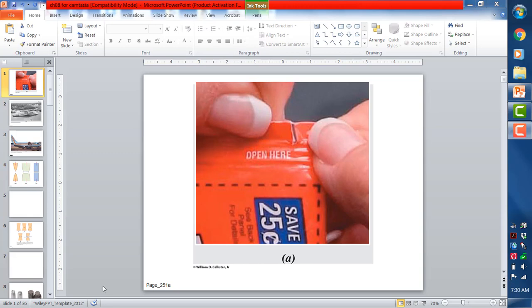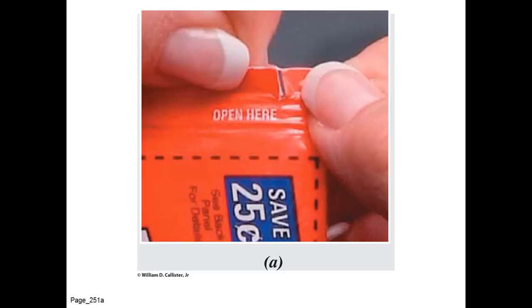We began this topic in the last class period, looking at food or pharmaceutical packaging in this case, where we've got a pre-designed flaw in the packaging that when you load it under shear will ideally open the package.